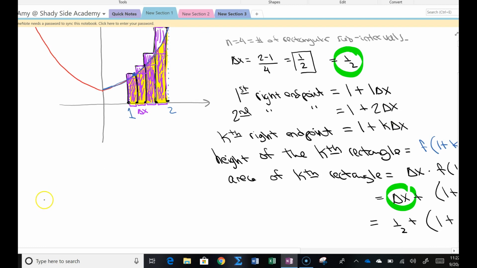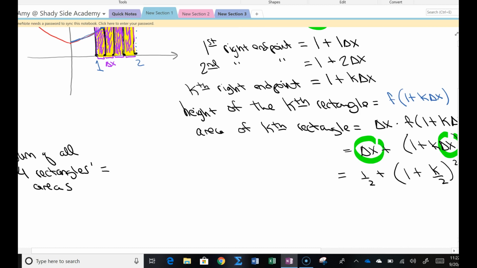So now I want to get an expression for the sum of all 4 rectangles' areas. And this is going to equal our old friend, the summation from k equals 1, there's 1 rectangle, up to 4.